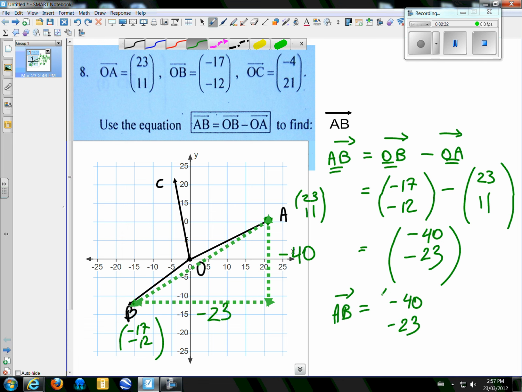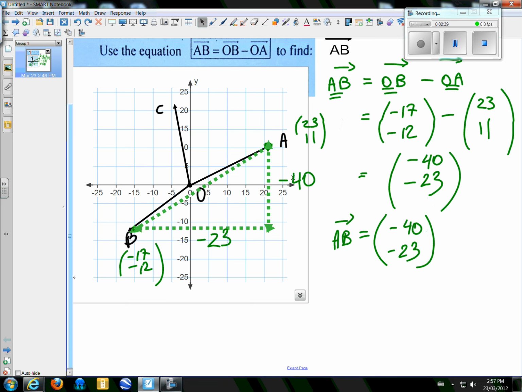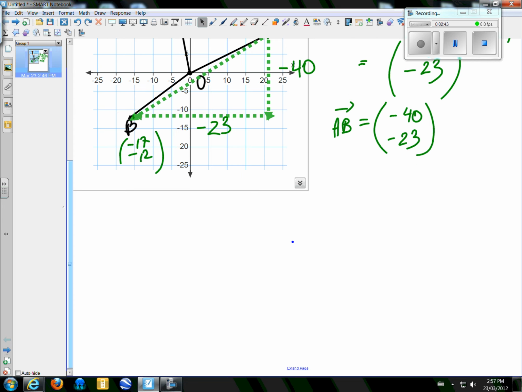Well, let's say we weren't given that equation. Okay, I'm going to show you another equation method to solving that vector. I just need a little bit more room here. Okay, there it goes.